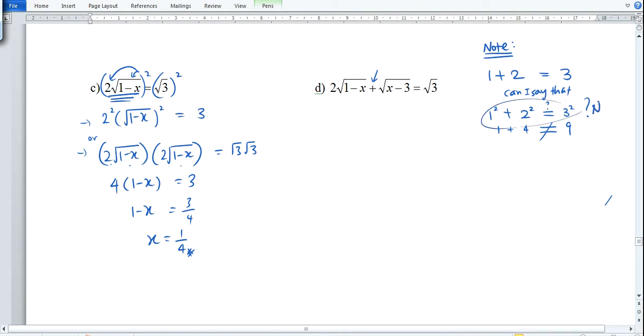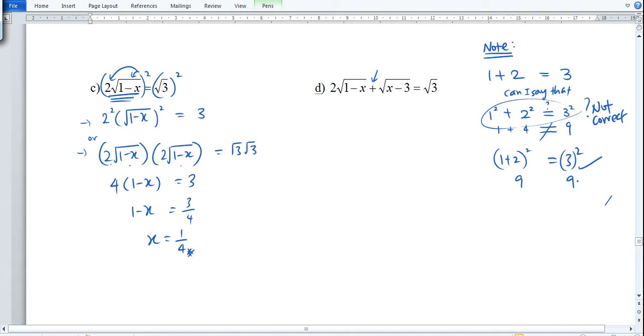It's not correct. So when we talk about squaring both sides, what we mean is literally squaring both sides. If you square both sides in this way, then yes, this is correct because it still makes sense. 3 square this side is 9, and 3 square this side is also 9.